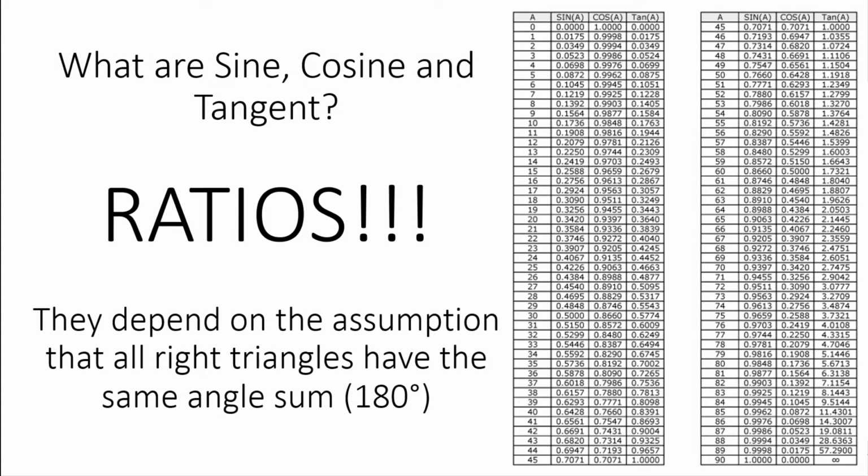Sine, cosine, and tangent, for our purposes, are ratios. They are relationships between two numbers. Now, in a future math class, you'll probably look at them more as functions. But for now, we're going to stick to them as being ratios. And they depend on this assumption that all right triangles have the same angle sum for us to be able to work with them as ratios, as we will need to do.